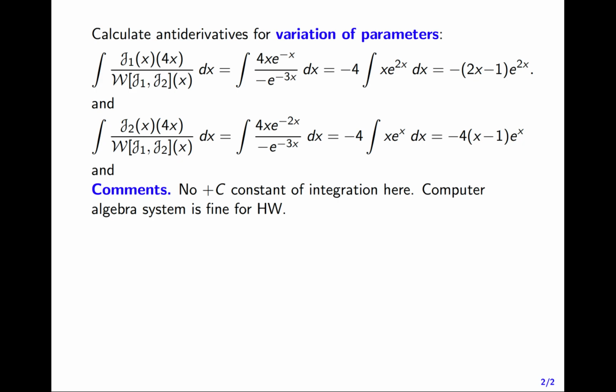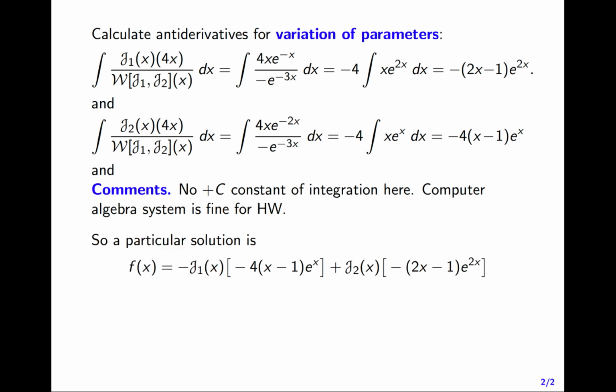Okay, back to the method of variation of parameters. We have our two auxiliary integrals calculated. So a particular solution is going to be minus j1 times minus 4x minus 1 e to the x, plus j2 times minus 2x minus 1 e to the 2x. Remember, it's always minus j1 of x times the integral involving j2, plus j2 times the integral involving j1.